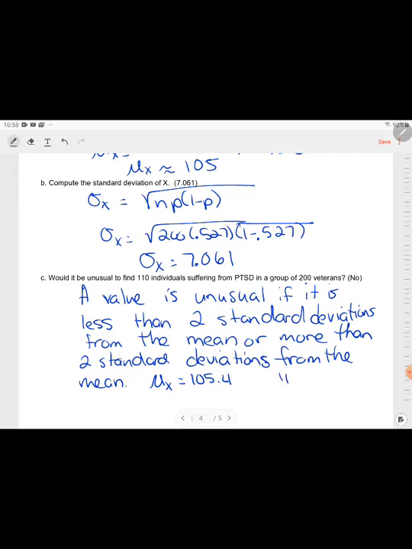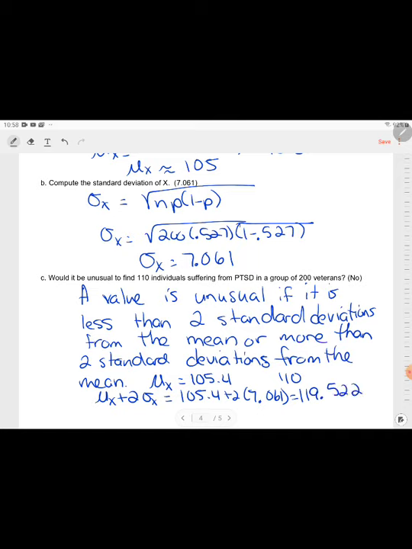Okay, so we know that 110 is greater. So what we would like to know is whether it is more than 2 standard deviations. So mu x plus 2 sigma x is equal to 105.4 plus 2 times 7.061. So we will pick up our calculator, and we get 119.522.